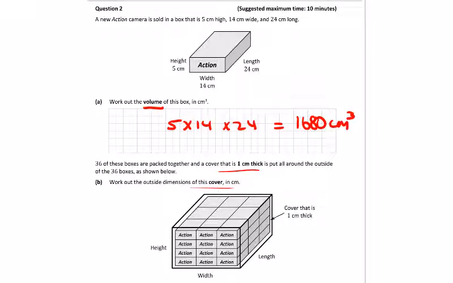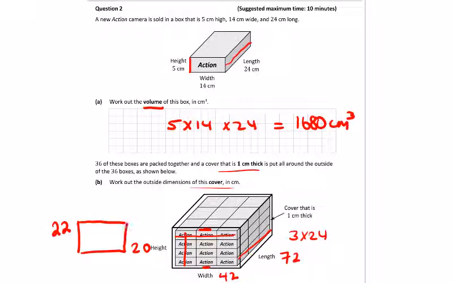Okay, so if we look at the width, we have 3 across, the width is 42. The length is 3 back, 3 of these, so 3 by 24 is going to be 60 and 12, 72. And then the height is 4 high, so 4 of these guys, so 20 you can see there, 20. And we have a 1 above it here and a 1 below it, so 22 for the height.